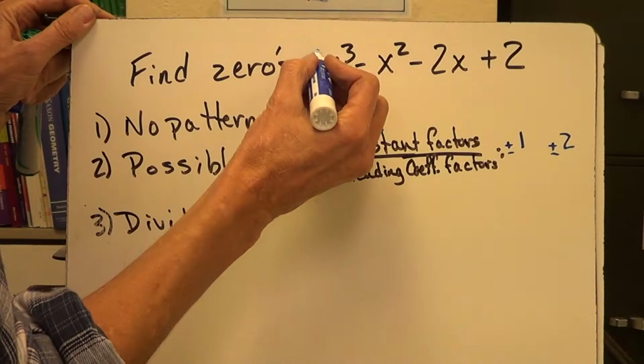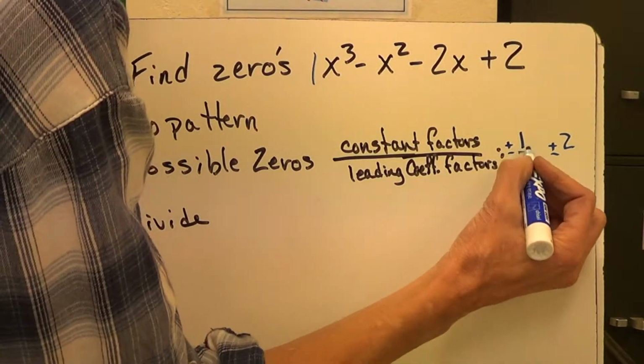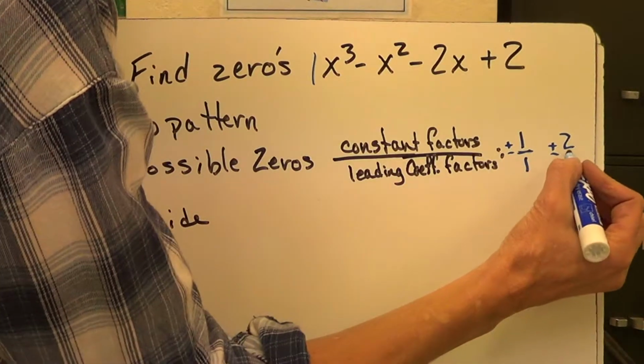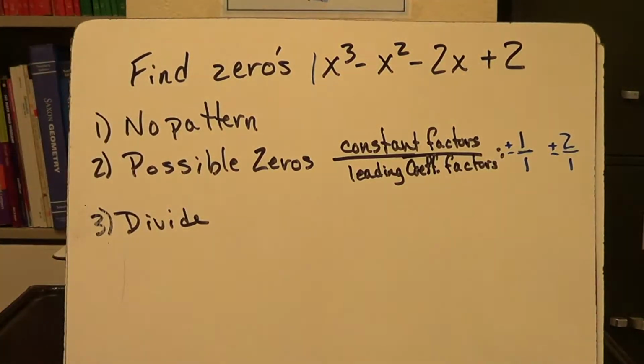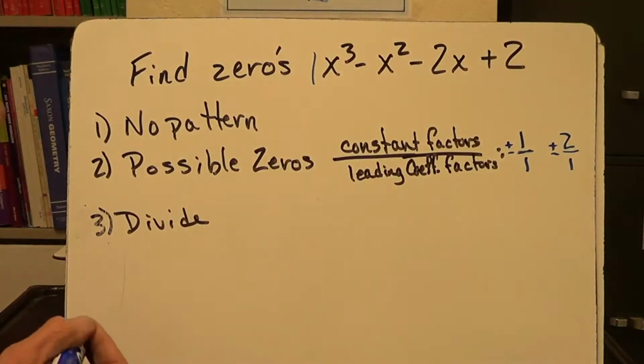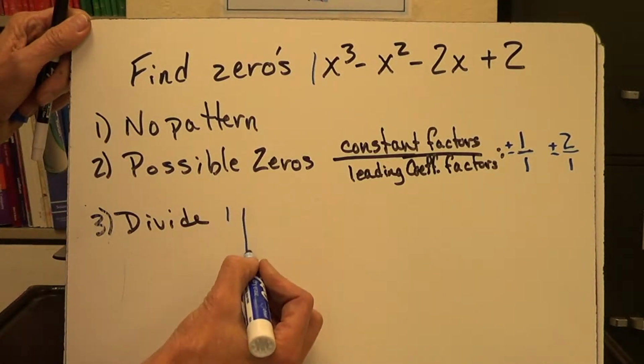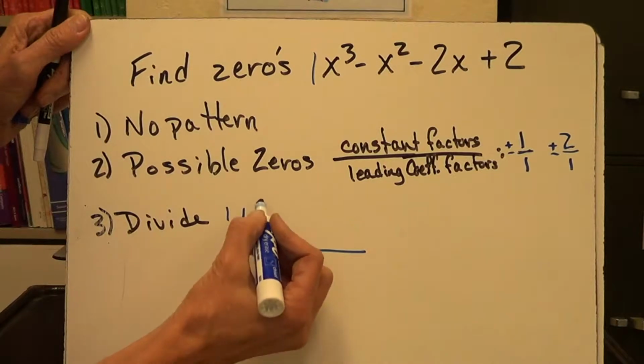And that's over top of your factors for the leading coefficient, which is 1. I really like it when we have a 1 there. I'll try to do that for you so that these don't get too cumbersome. Okay, so our next thing is to divide and find the zeros. Like I told you in the video when I taught this, I always choose 1. That's my first one just because it's nice and easy.